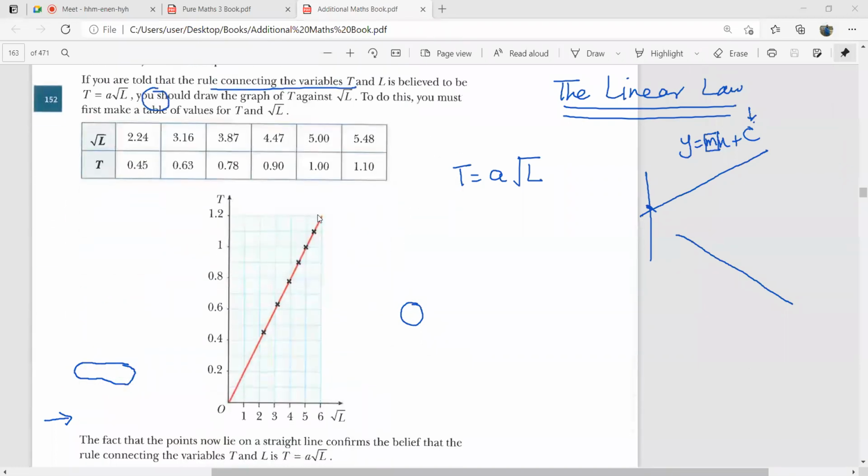The graph becomes a line graph, because now this under root L is behaving like X, and this is your Y. So T equal to a under root L has become Y equal to MX kind of an equation. And if you allow me to write C over here, the value of C is 0 here. So this is Y equal to MX plus C.